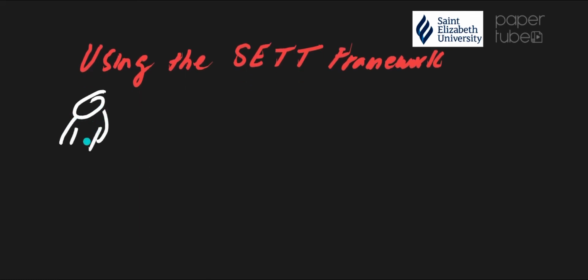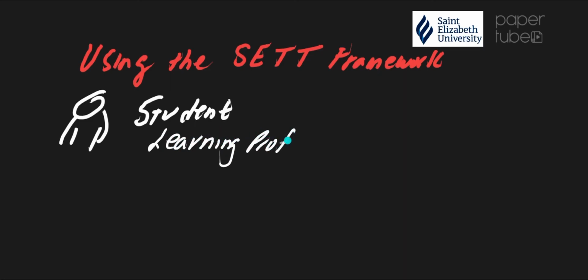So the first part of the SETT framework is we focus on the student when we're doing an assessment. And when we're thinking about the student, we want to think about their learning profile. And generally, we can garner the information from the student's IEP or child study team reports.